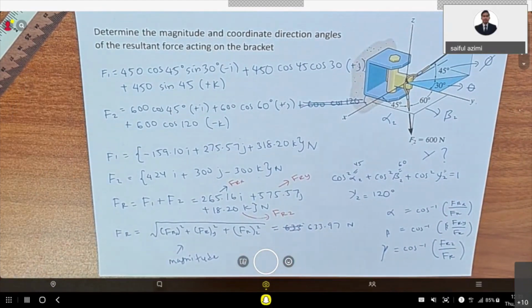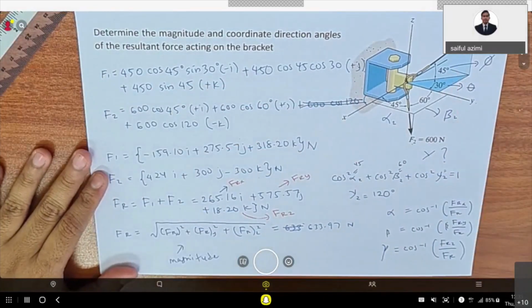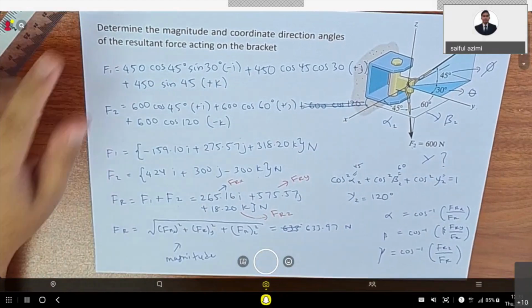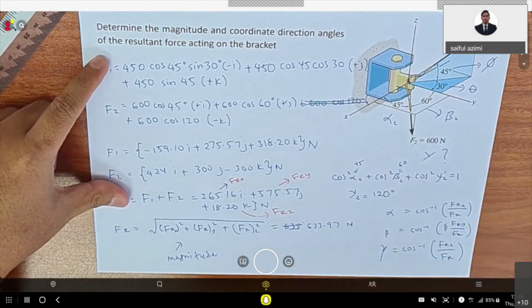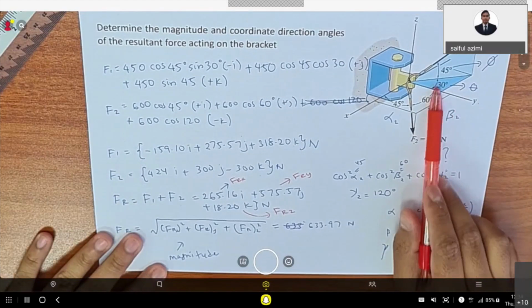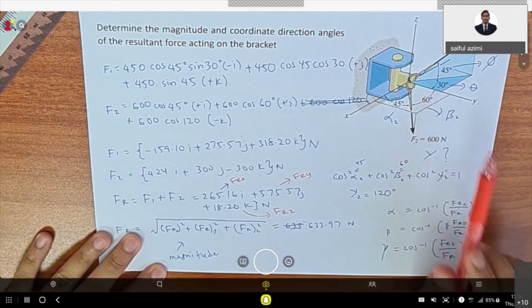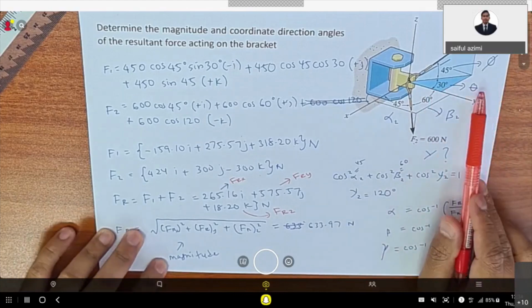But if you get questions on 3D Cartesian vectors, first thing first, you must identify from the figure. If it doesn't mention whether it is a 2D or 3D system, you need to verify which one is easier to use. And you must know which angles to use: alpha, beta, gamma, or theta and phi. For 2D, we have theta and phi.